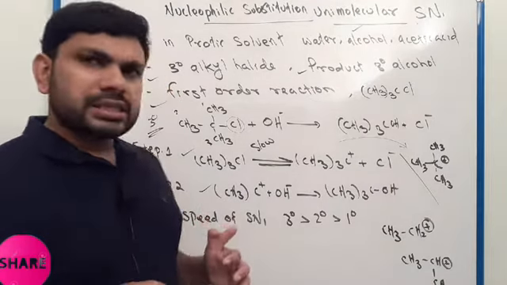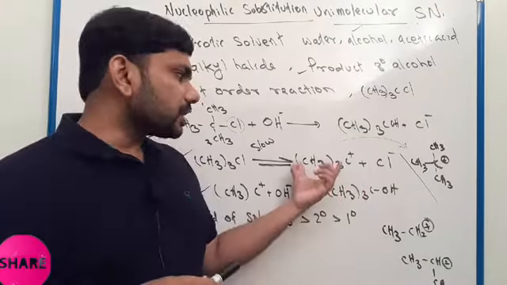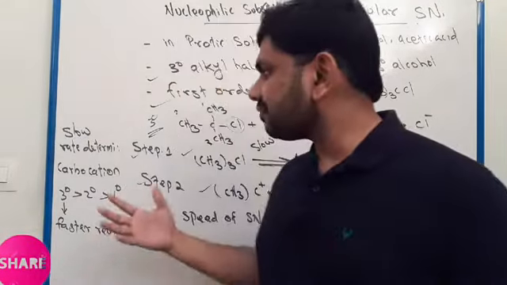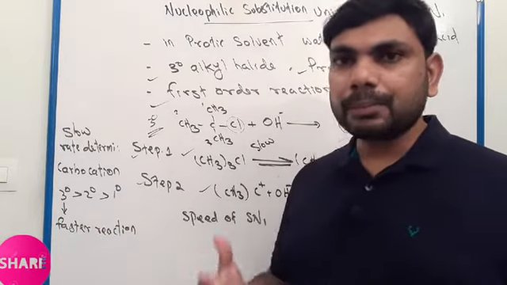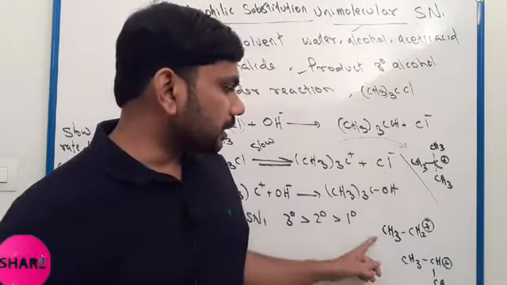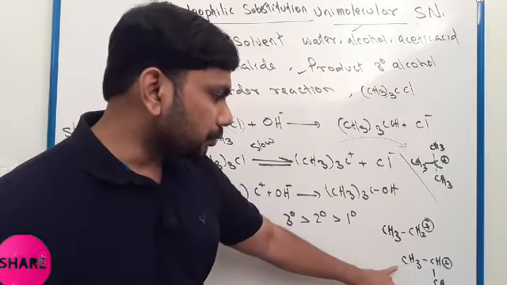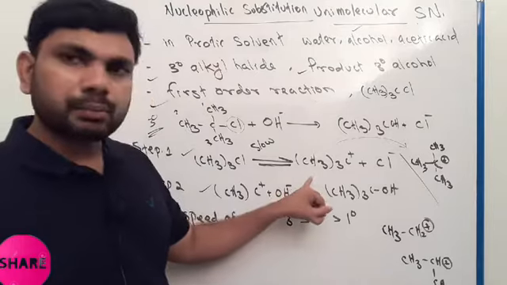Also here you have to understand that during this chemical reaction a tertiary carbocation is formed. We know there are different types of carbocation: primary carbocation, secondary carbocation, tertiary carbocation.